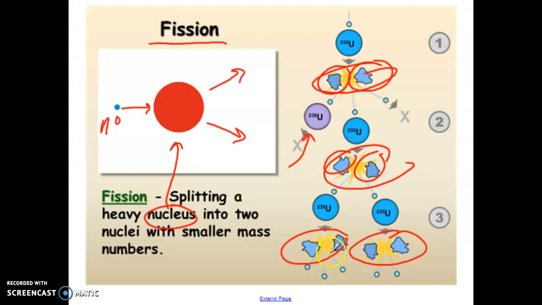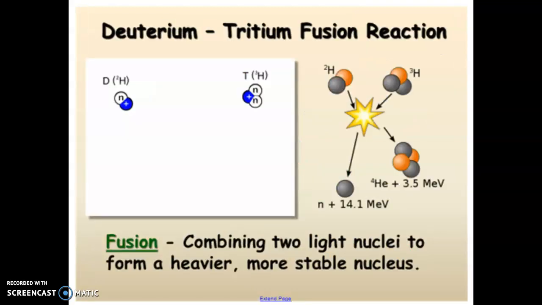And of course, this energy would then be used to spin a turbine and eventually cause energy generation. So this energy that's let off is incredibly powerful. This is definitely not alpha decay, I'll tell you that.